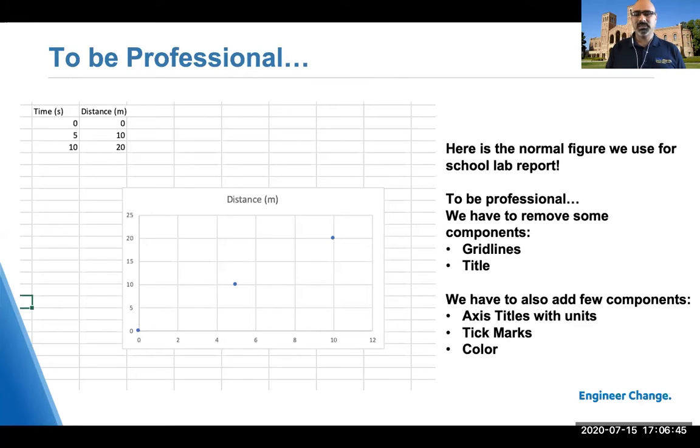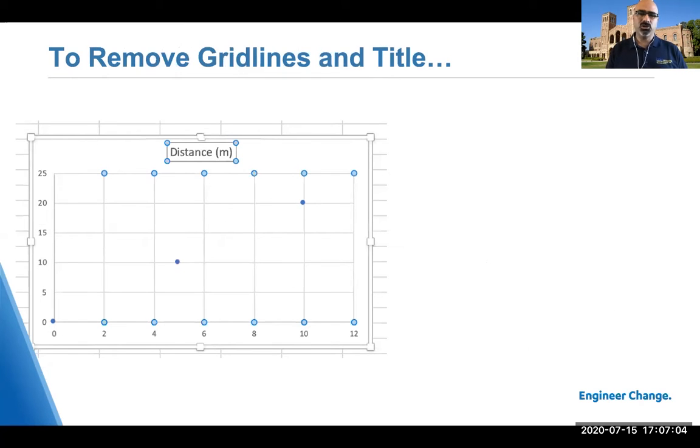You want to add some tick marks, and you want to add some color in general, right? You don't want just a black and white graph like this or visual. And then you absolutely have to have captions, and those captions have to be consistent. So let me break that down and show you how to do that.